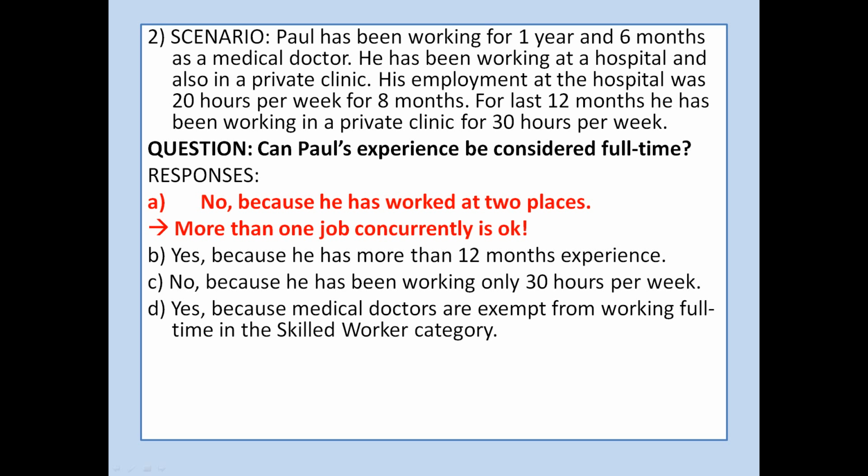Okay, A is incorrect, because as we saw, having more than one job concurrently is okay. So you can have, as we said before, you can have 2 part-time jobs, as long as it adds up to 30 hours per week over 1 year. That's not an issue at all.